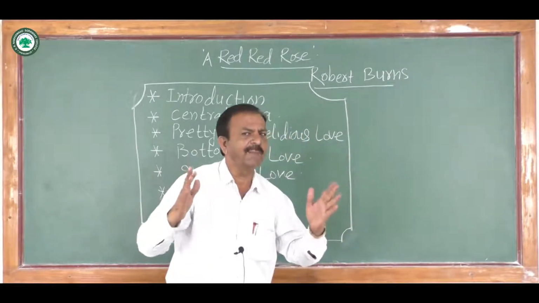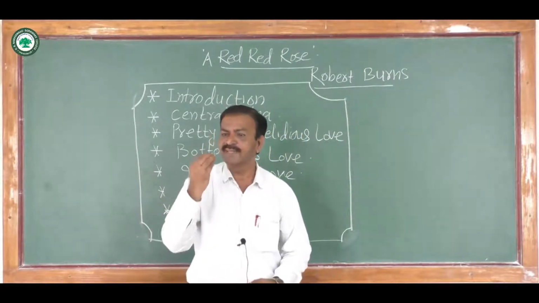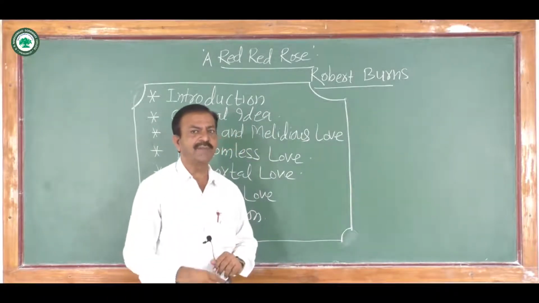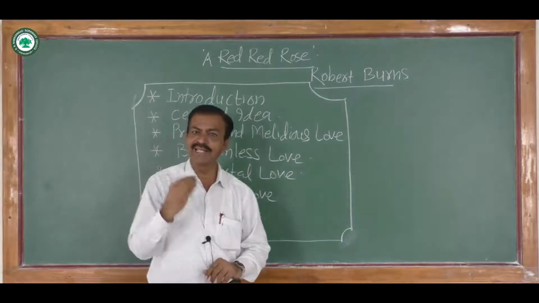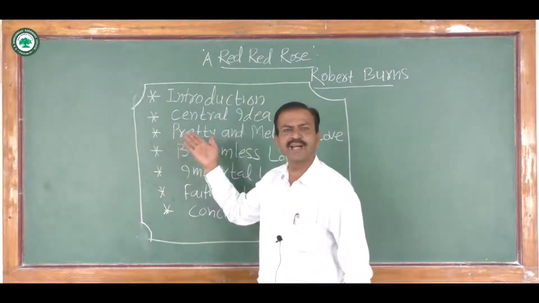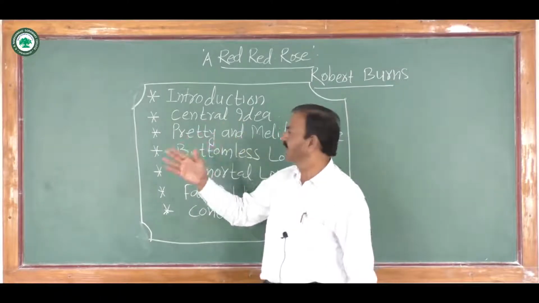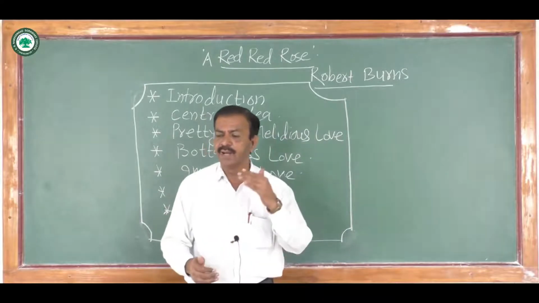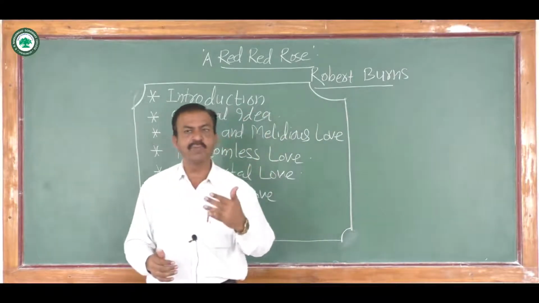So the poem appeals to the senses of human beings, the senses of the listener and the reader. Here the first stanza is over, while in the second stanza the poet expresses his bottomless love.